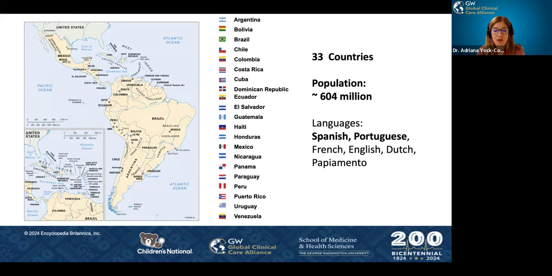We have one of the highest levels of income inequality in the world. And also, if you divide this in geopolitical areas, we have Central America, the Caribbean, and the South Cone. That is how it's mentioned as a geopolitical region. We have many languages. The predominant languages are Spanish and Portuguese, but some of the Caribbean islands, for example, have main languages of French, English, Dutch, and Papiamento.